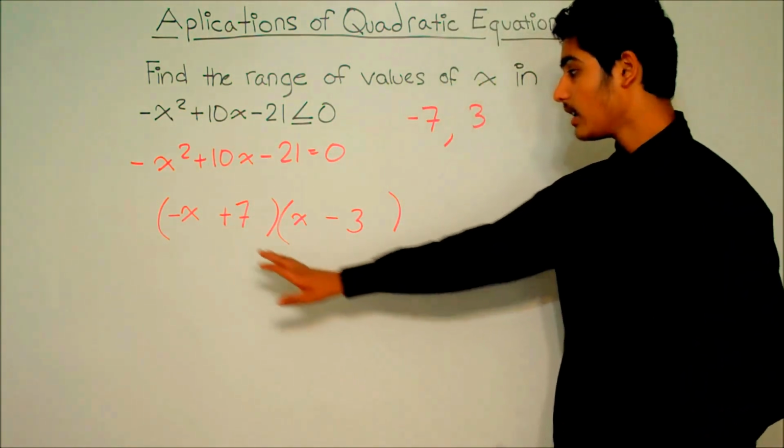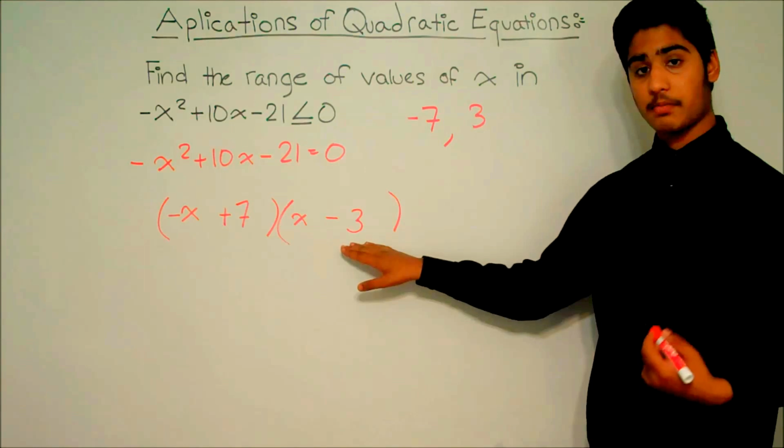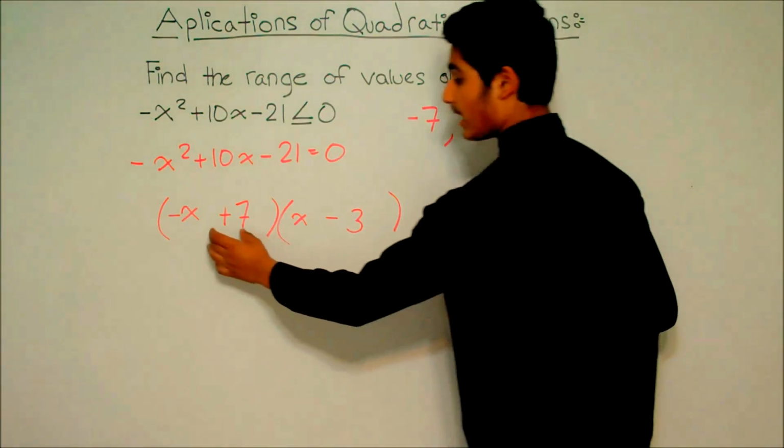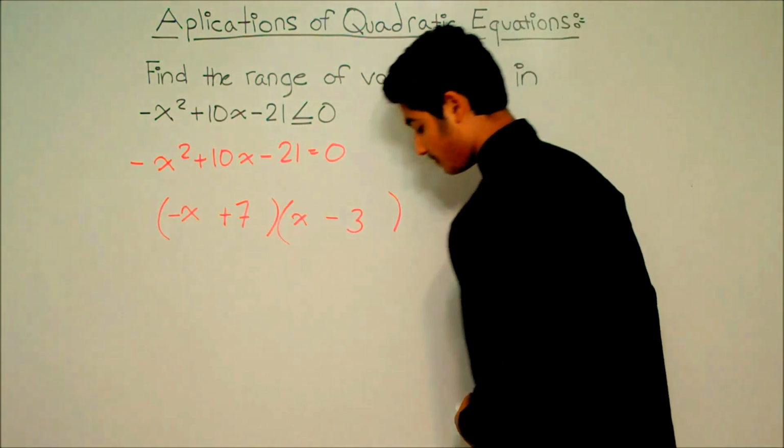Or it could be negative x minus 3 times x plus 7. Or sorry, it could be negative x plus 3 times x minus 7.